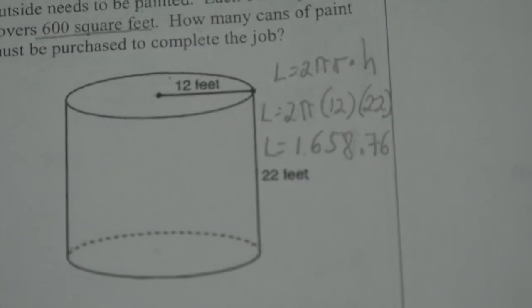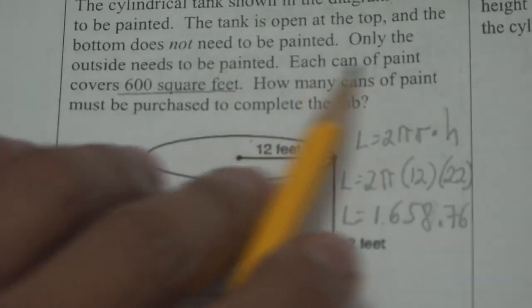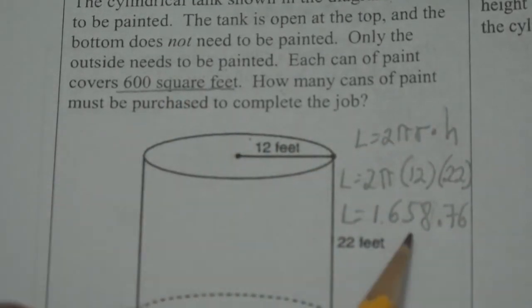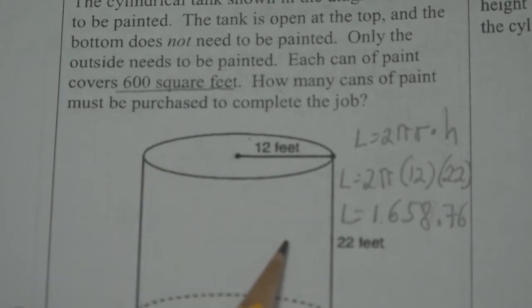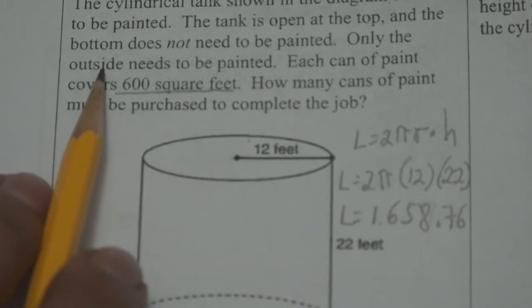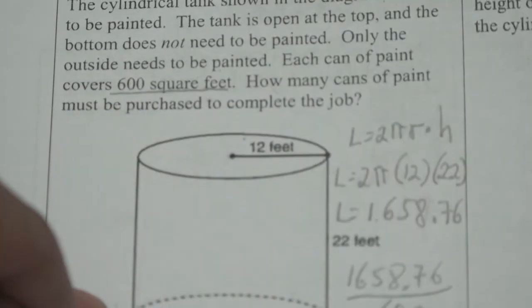So now, what else do I know? Well, look at what it says. It says that each can of paint covers 600 square feet. How many cans do I need? Well, this is the lateral area. So then I'm gonna have to divide by this in order to figure out how many cans. Okay, this area divided by 600. So I get 1658.76 over 600, and we get 2.76.